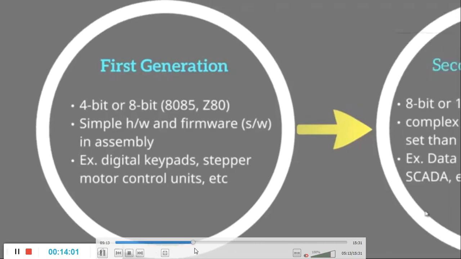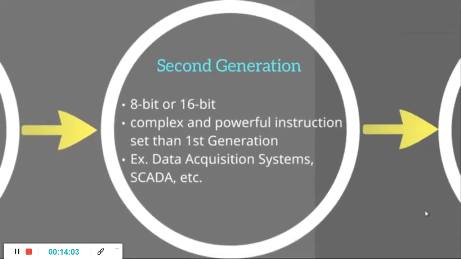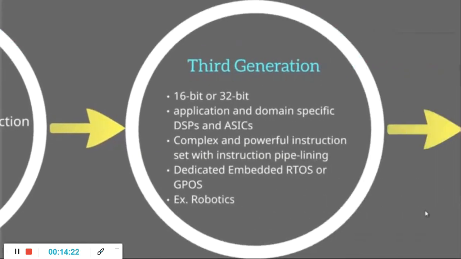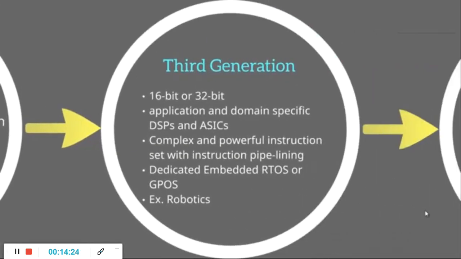In the second generation embedded systems, 4-bit microcontrollers became obsolete, and 8-bit and 16-bit microcontrollers were used. Another major change was that the instruction set was more complex and powerful compared to the previous one. Examples for this are data acquisition systems and SCADA. In the third generation, 16-bit and 32-bit microcontrollers were used.